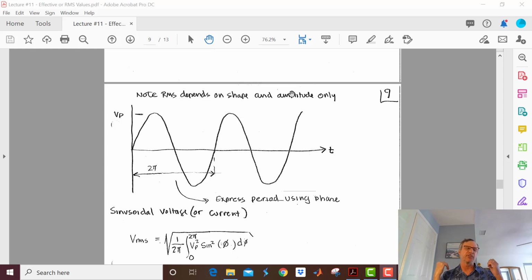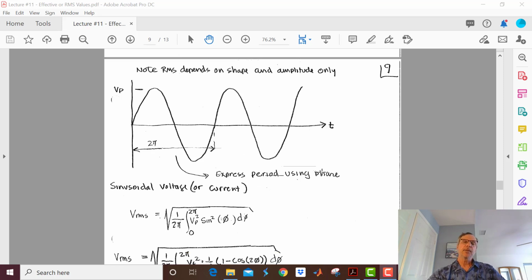And for those of you that are just waiting on the edge of your seat to hear a 0.707, this is your time. So now we have a sinusoidal voltage or current, and I'm going to express the period using phase. I could do it with time, right? I put time on this axis, but then I said we're going to talk about phase. Oops.